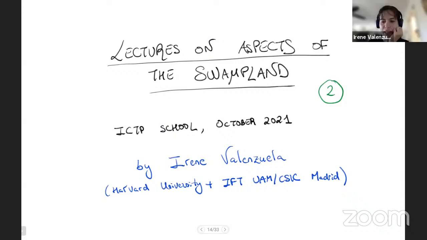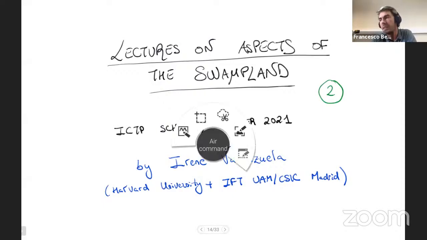So how is everything at ICTP? Are people going normally to the office? Pretty much, I would say, in the sense that the ICTP has been open for quite some time. During the summer, it was open. Of course, you have to use masks, but the cafeteria was open.